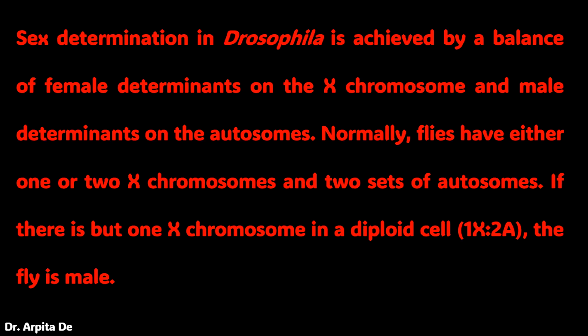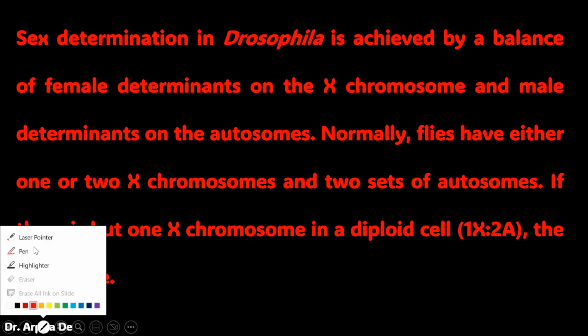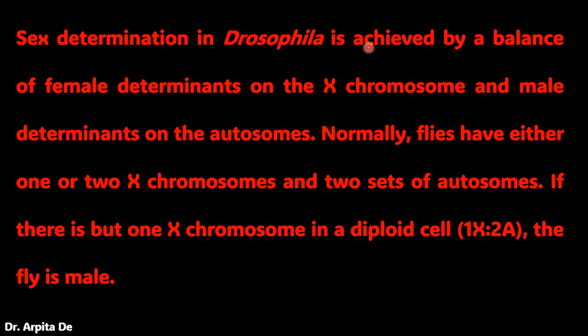Sex determination in Drosophila is achieved by a balance of female determinants on the X chromosome and male determinants on the autosomes. Please keep in mind here autosomes play a very important role.